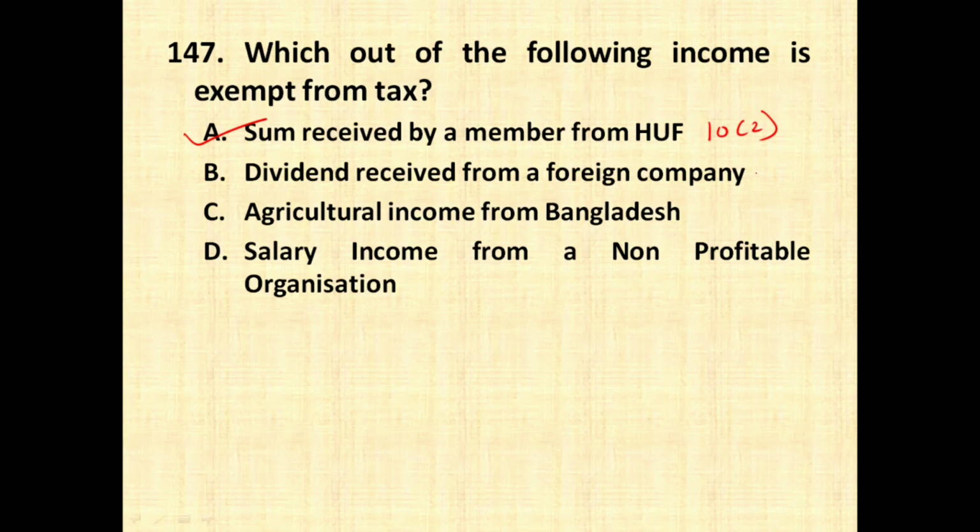Dividend received from a foreign company is taxable, but from an Indian company it was exempted under section 10 subsection 34 up to 31st March 2020. Income from agriculture in India is exempted under section 10 subsection 1, but agriculture income from outside India is totally taxable.